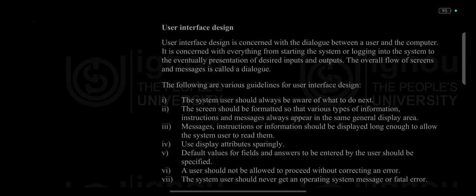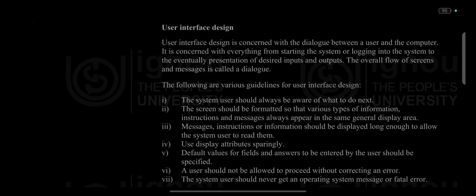The screen should be formatted so that various types of information, instructions, and messages always appear in the same general display area. Messages, instructions, or information should be displayed long enough to allow the system user to read them.